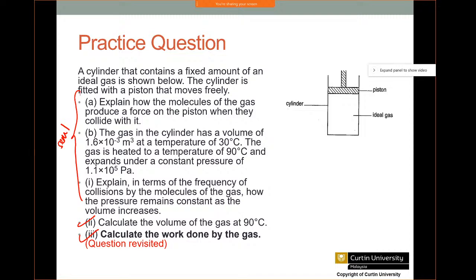The gas in the cylinder has an initial volume of 1.6 times 10 to the power of negative 3 meter cube, at a temperature of 30 degrees Celsius. 30 degrees Celsius is how many Kelvin? 300. Yeah, correct. 303 Kelvin.